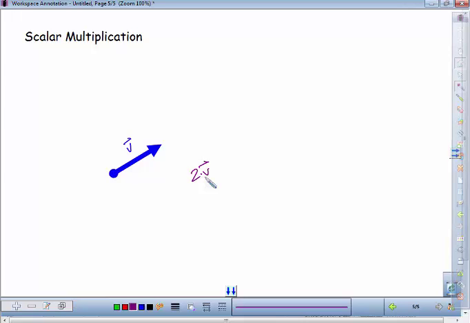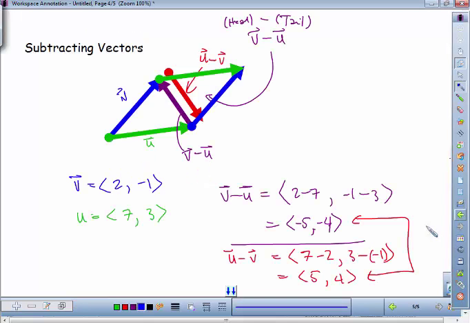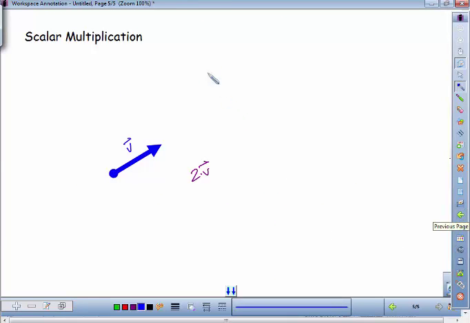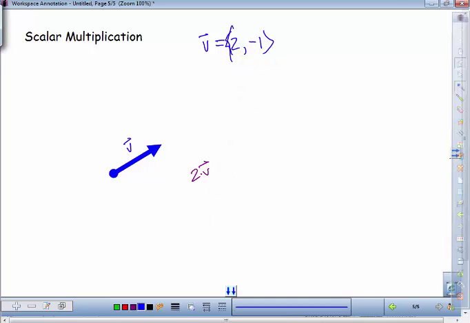What was v equal to in the previous page? 2, negative 1. So the new vector 2v is going to be 2 times (2, negative 1), and we can think about this as distributing the scalar to each of the components. So this is going to be (4, negative 2). So (4, negative 2) is your new vector.